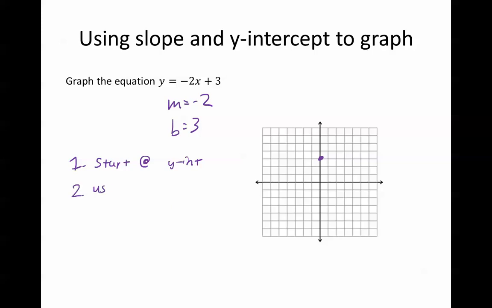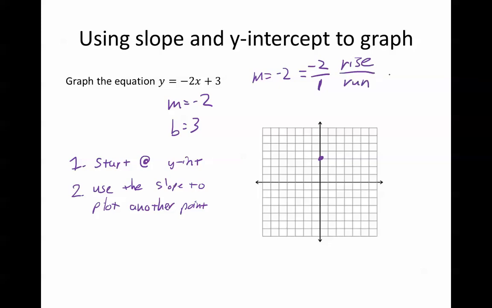And then you're going to use the slope to plot another point. And in this case, my slope is -2, and I want to remind you that that's the same thing as -2 over 1, because when we think about slope, we have to go two directions, the rise and the run, that is the y change and the x change.